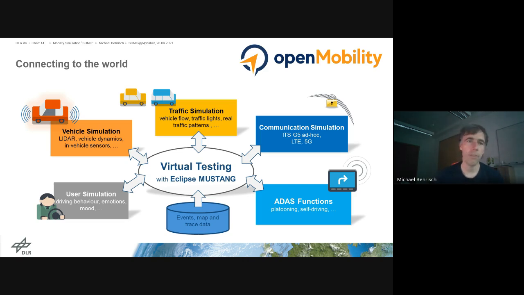So basically, a single vehicle flow, communication, and assistance systems, the ADAS functions, can all connect to this middleware, to this backbone, and share their data there.